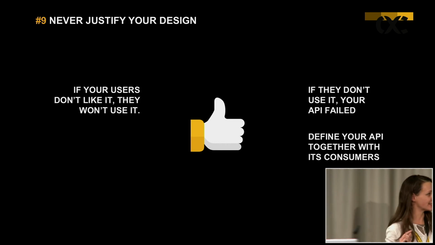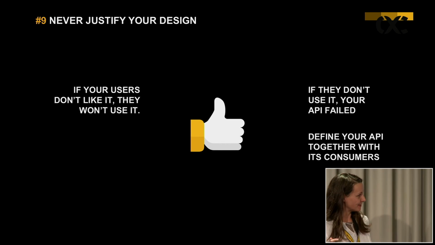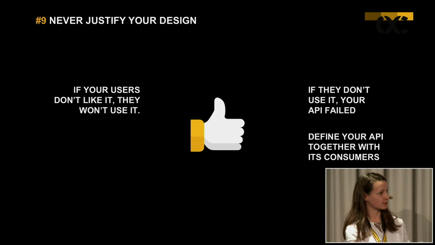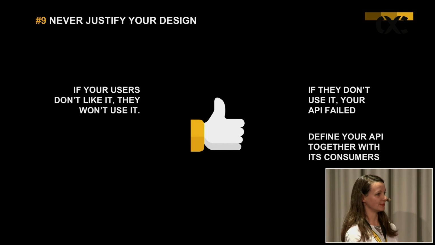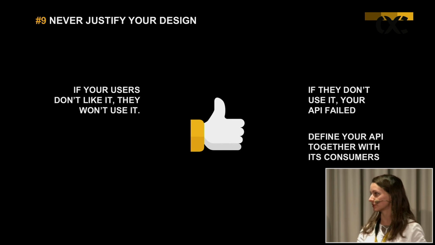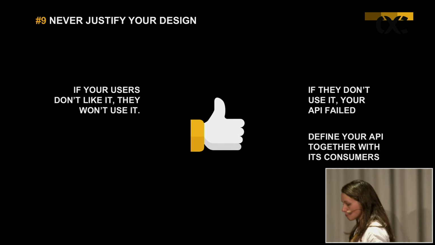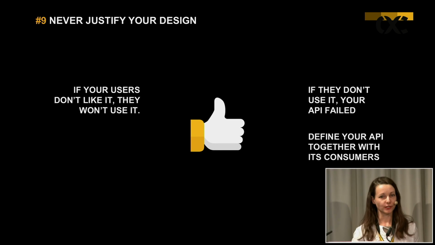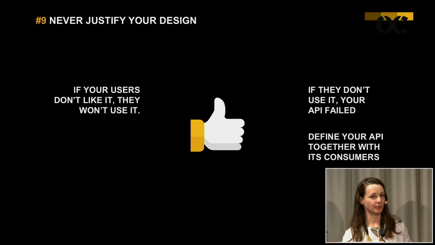One thing that we established is that we try getting early customers of our APIs, and then we design the API together with them. We say, here's our suggestion. Have a look, say what you don't like, say what you like. Will this fulfill your use case like you imagine it? And then we change it and we collaborate. Quite often we spend a week or so to define an API, but then we know it's good and it's going to be liked.